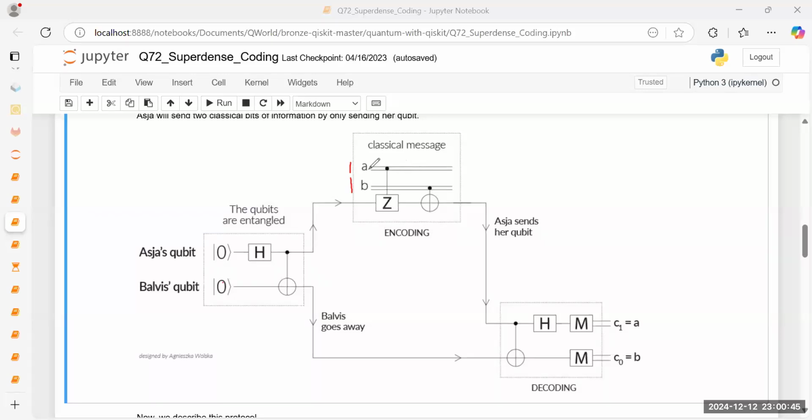So the control is a classical bit, but the operator that we're applying is a quantum operator. So here, we're going to apply both because both of our classical bits, or both of our control bits, have values of 1. So when we apply these 2 gates, Asha is going to send her qubit to Balvis, and these are the gates he's going to apply to decode the information. So after applying these gates, he's going to get 1-1 at the end.